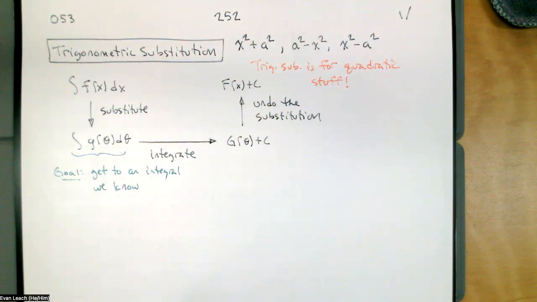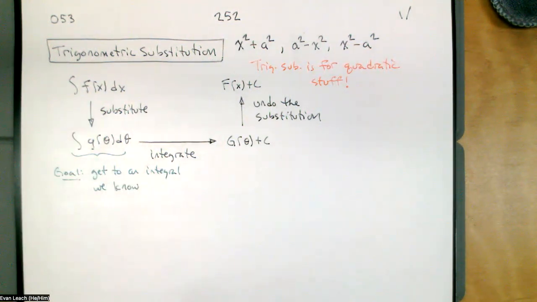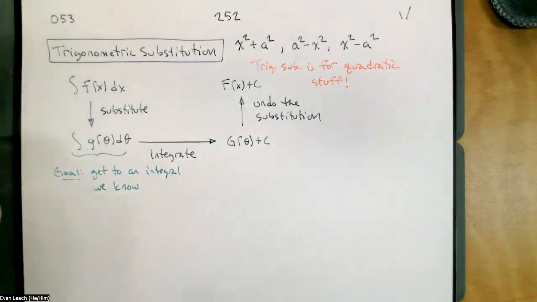Very simple. It's more involved in trigonometric substitution because our substitution is going to be kind of jacked up. But those are the 3 parts. Learn the substitution, learn to integrate the results of that substitution, and then learn how to undo the substitution. 3 things that we need to learn.